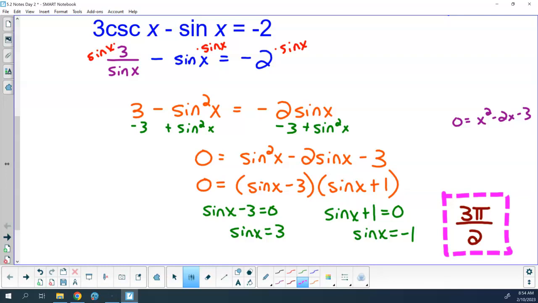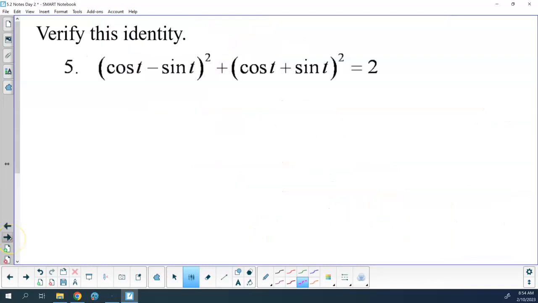Okay. All right. Then what I'd like to do is a verifying of an identity. If you have yesterday's note sheet, the white one, 5.2 day 1, this is number 5 on the back side.